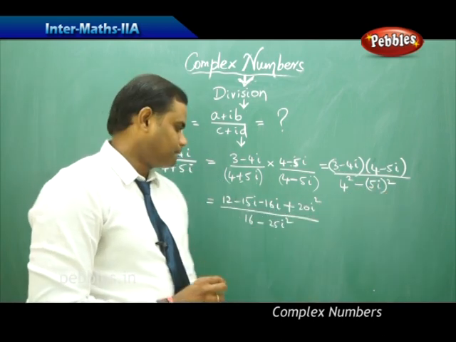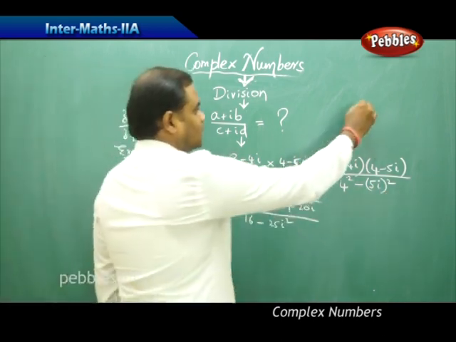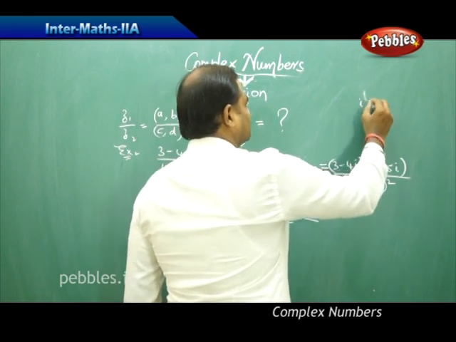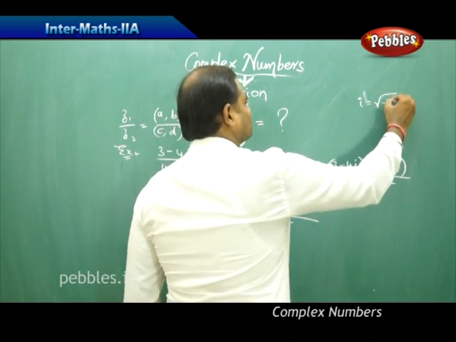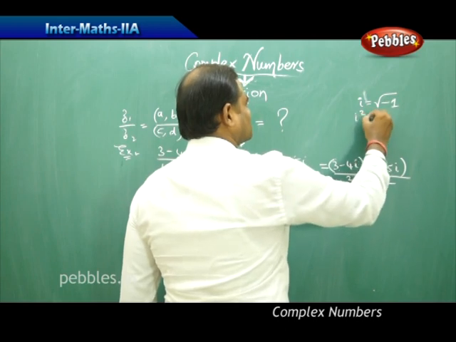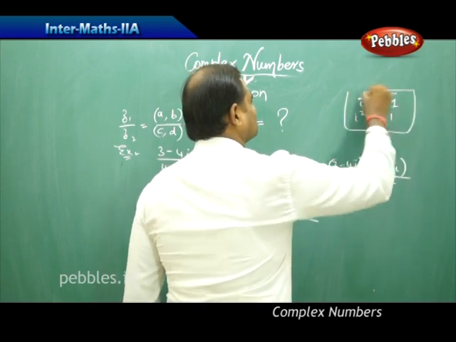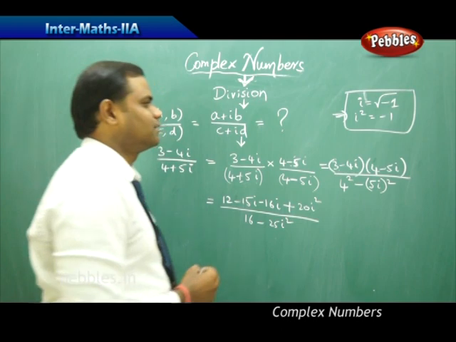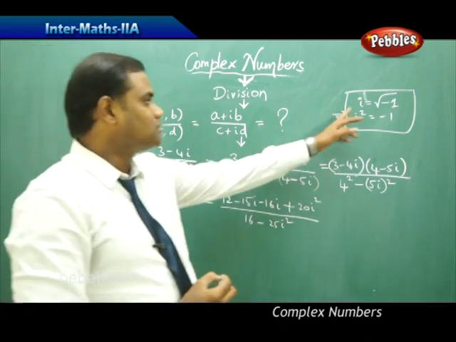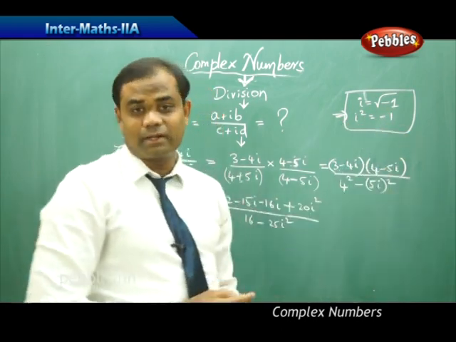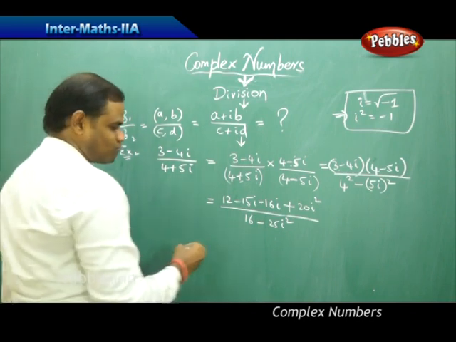Now as I know that i is the imaginary number, i is root of minus 1, that implies i square is minus 1.